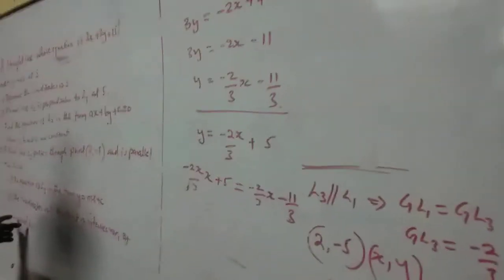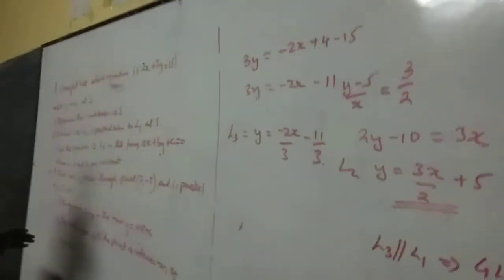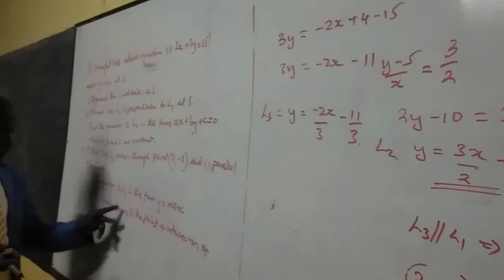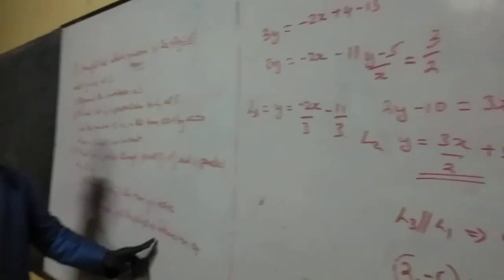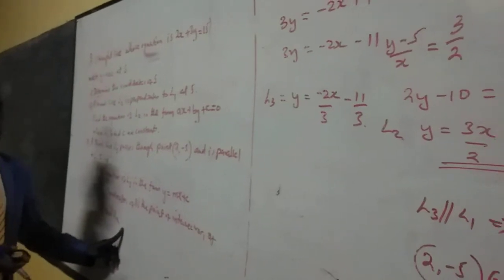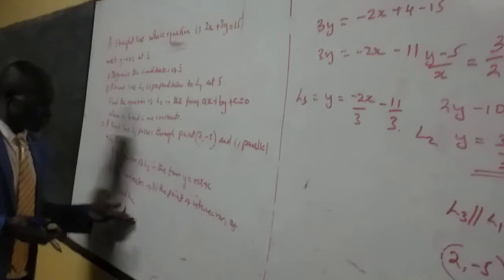Now, in the second part here, we are asked to find the coordinates of N, the point of intersection of line L3 and line L2. So where line L3 will meet line L2.